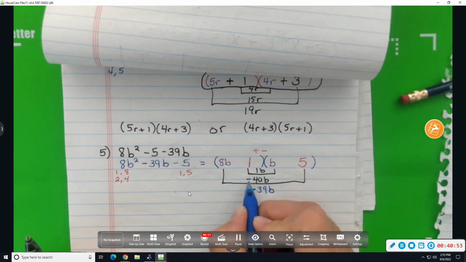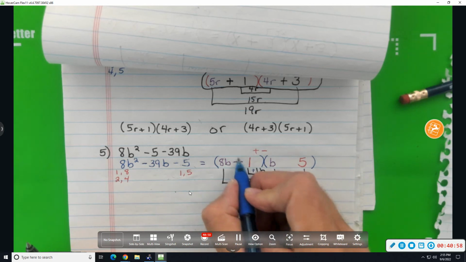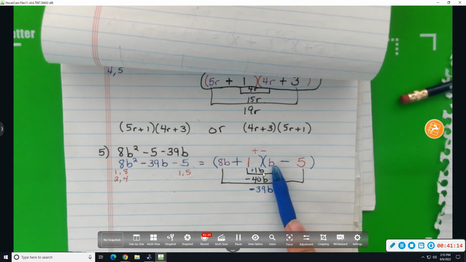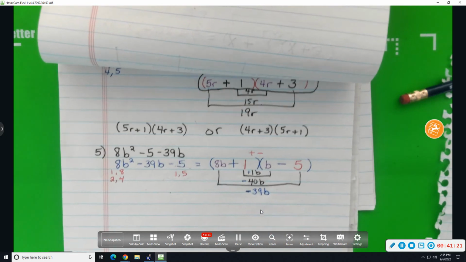Okay, so I'd want the 40 negative, the 1 positive, so put a plus in front of the 1, and a minus in front of the 5. Positive 8b times a negative 5, sure enough, that gives us the negative 40b. And then positive 1 times b gives us a positive 1b. 1 minus 40, sure enough, that gives us a negative 39.